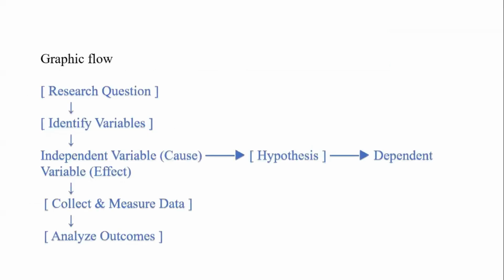What I have shown here is a graphic of the flow of how variables find themselves in the research. For example, you have a research question on a certain drug whose effect you are trying to analyze, let's say the effect of metformin on patients. First, you have to identify your variables.